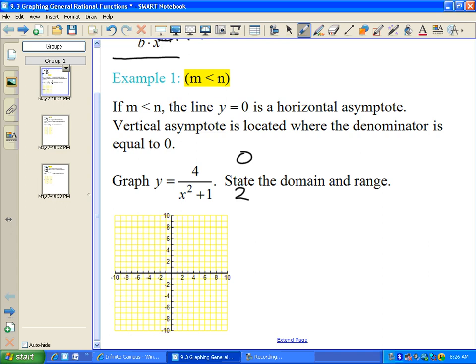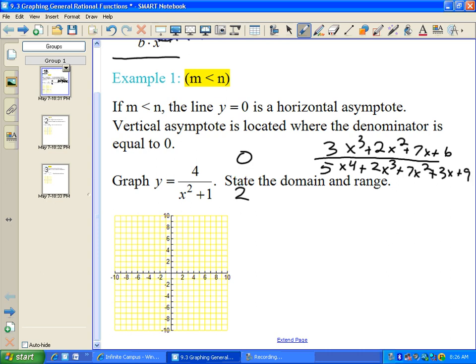If I had a problem that was 3x cubed plus 2x squared plus 7x plus 6 over 5x to the fourth plus 2x to the third plus 7x squared plus 3x plus 9, I would still look at the same thing and see that my leading coefficient, the bottom one, the denominator, is larger, and I would use these rules that we're going to talk about on this slide.